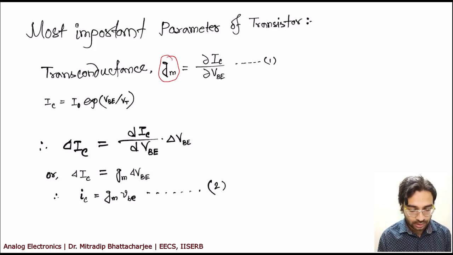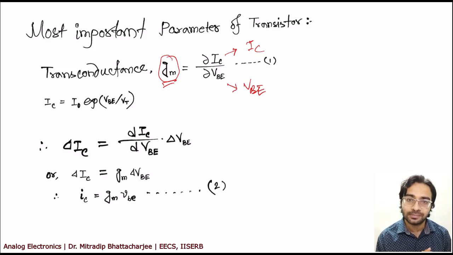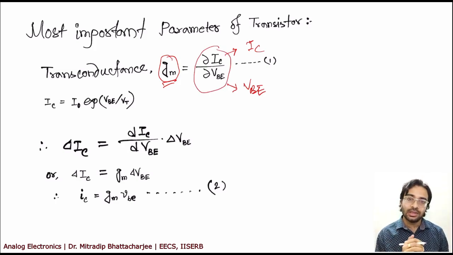So in case of transconductance, you are taking the output current, which is collector current in our case, and the input voltage, which is VBE, the base emitter voltage. So this will give you the value of transconductance. Del IC by del VBE will be the transconductance, change in the output current by change in the input voltage, so that you get to know what is the influence.